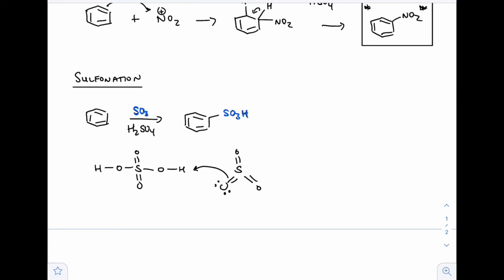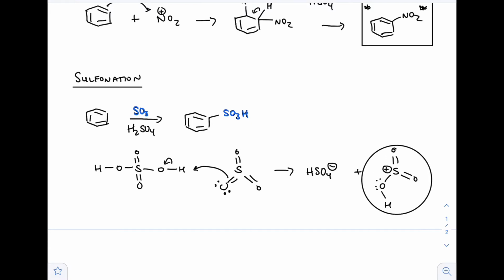And so what we're going to do is use this pi bond to grab that proton, and then we get HSO4 minus, that's our conjugate base from sulfuric acid. And then we also have this guy right here with the positive charge on that sulfur group. Okay. All right, so now this guy represents our E plus in our general mechanism.